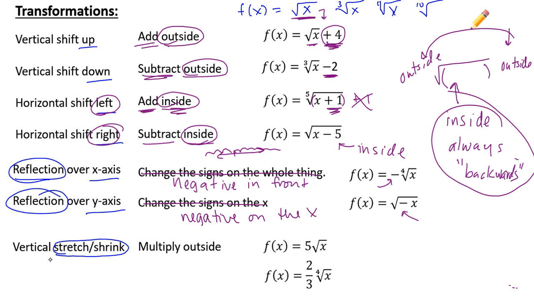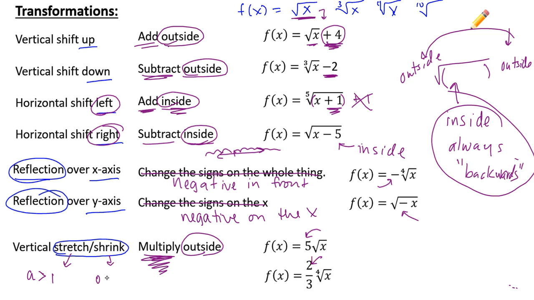Okay, vertical stretches and shrinks, it's easy to recognize those because you're multiplying. The rest of them you're adding, subtracting, or just throwing a negative there. And again, it's outside, which means out in front here. If you multiply by a number bigger than 1, so let's say your number was a, then a greater than 1 is a stretch.